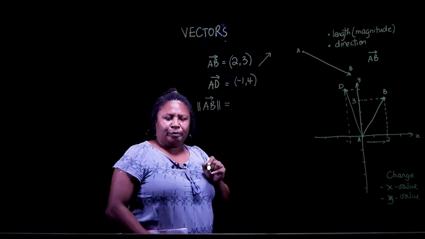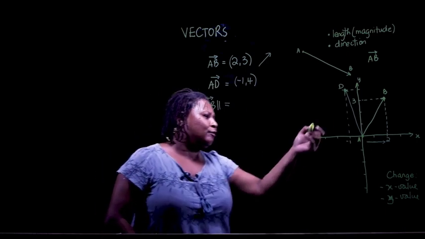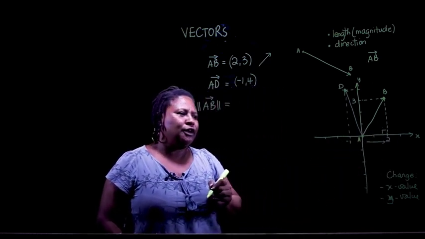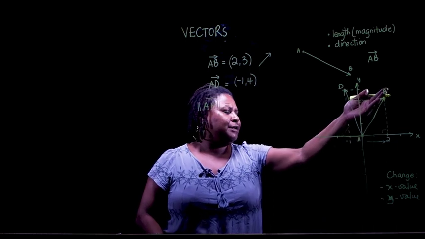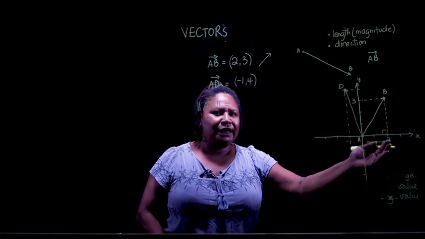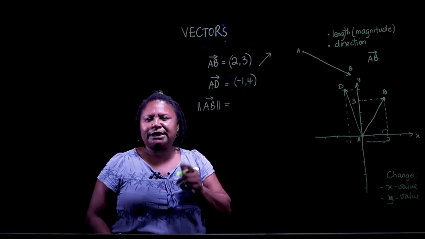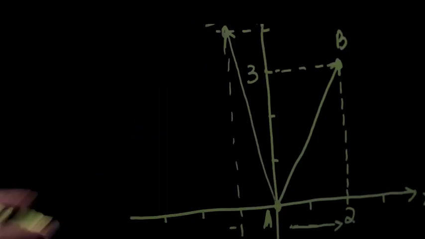You can already tell from our diagram that we've drawn a right angle triangle using the vector AB, the distance along and the distance up.